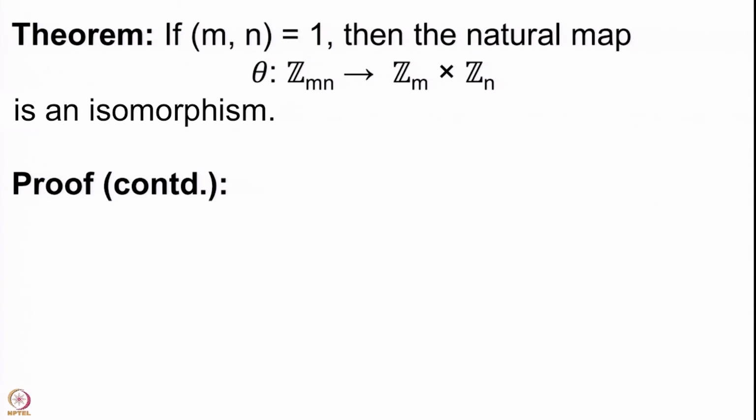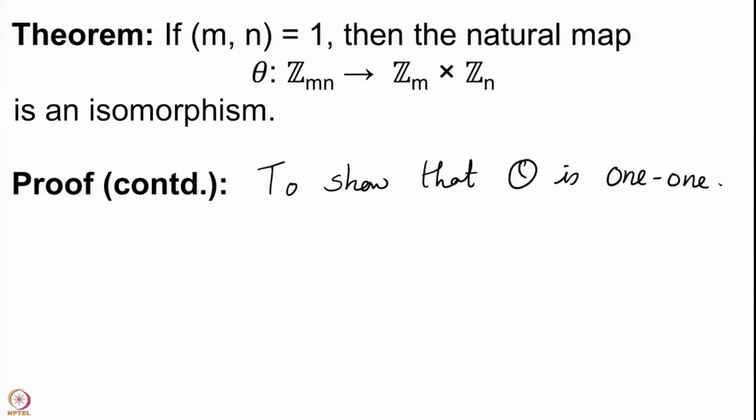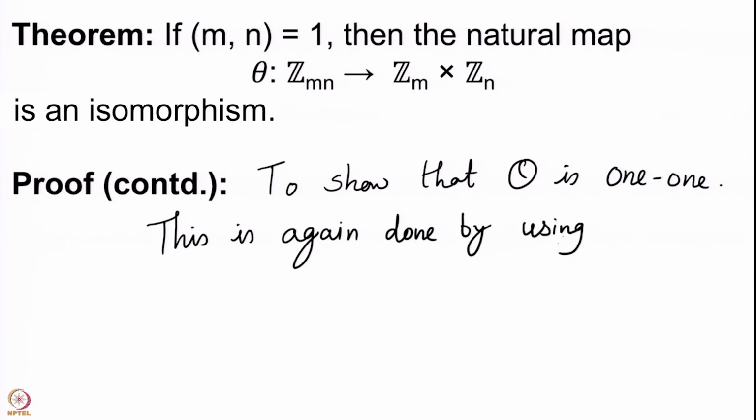or that it is a 1 to 1 map. To show that theta is 1 to 1, this is again done by using the Chinese remainder theorem.